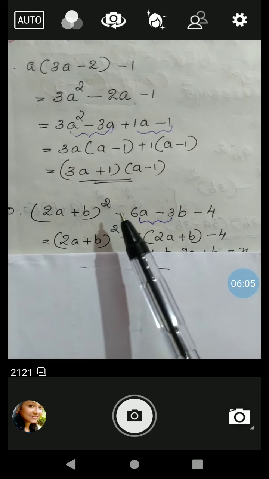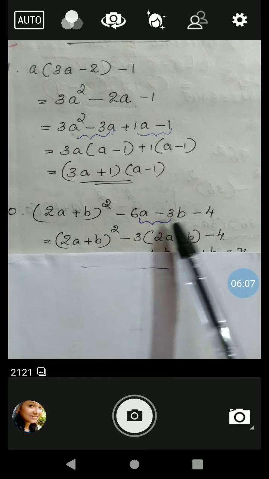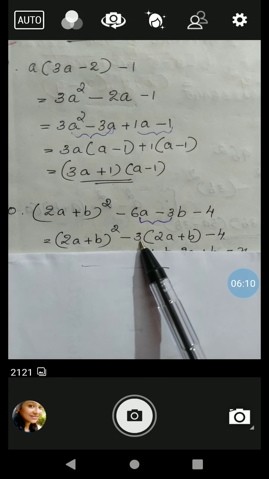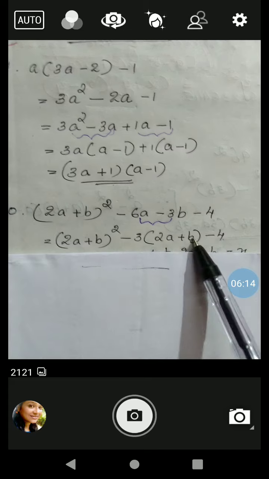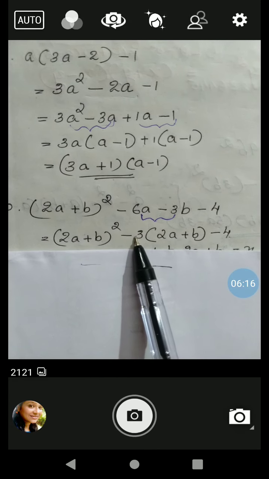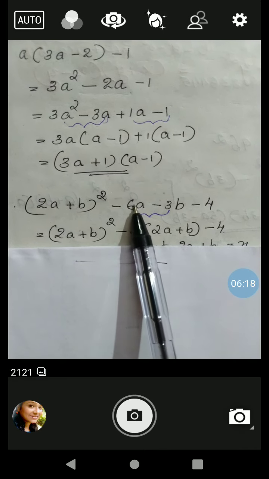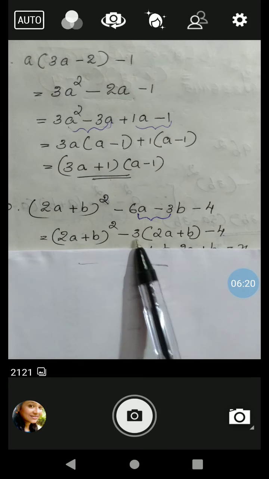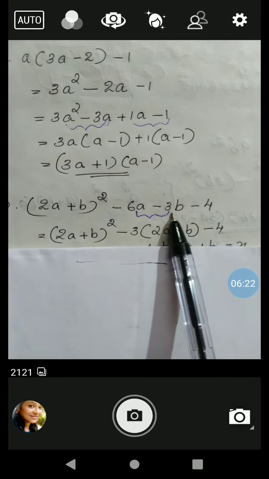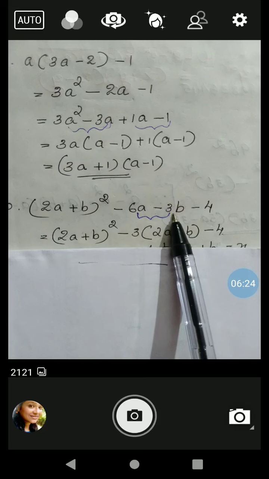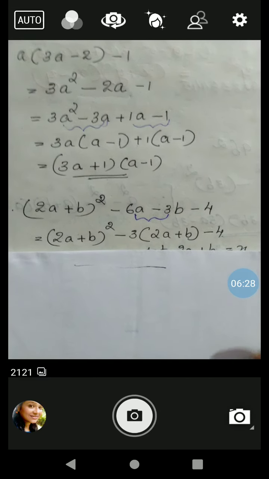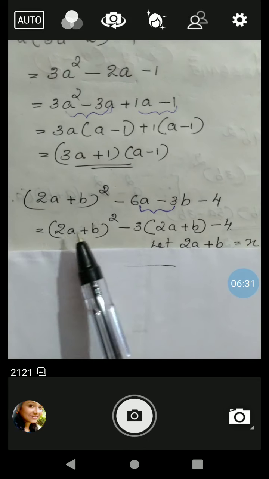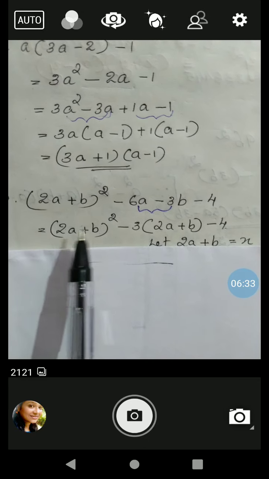You just multiply minus 3 into 2a, minus 6a. Minus 3 into plus b, that is minus 3b. The remaining minus 4. Now you can see this is in the trinomial form.